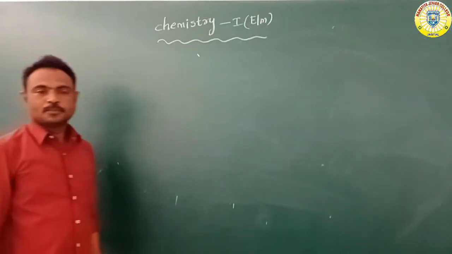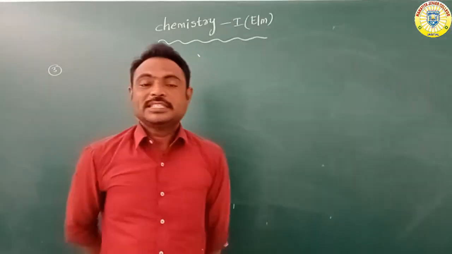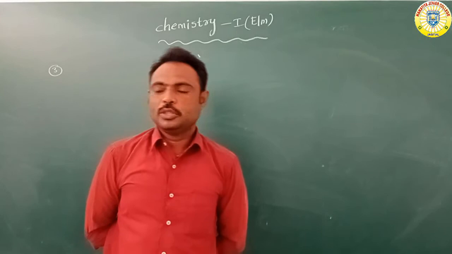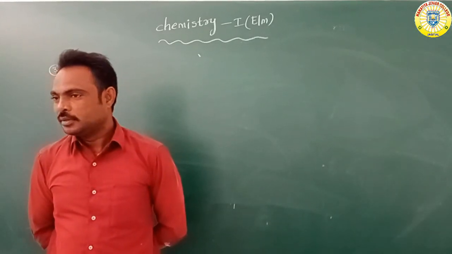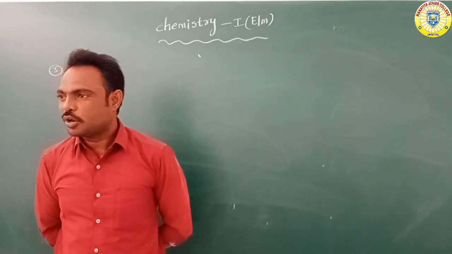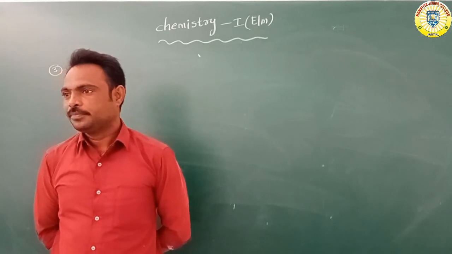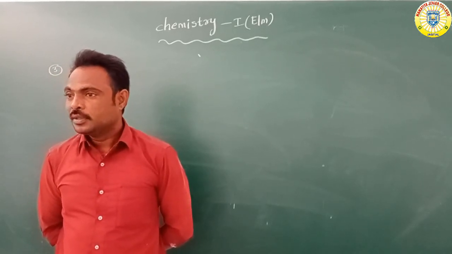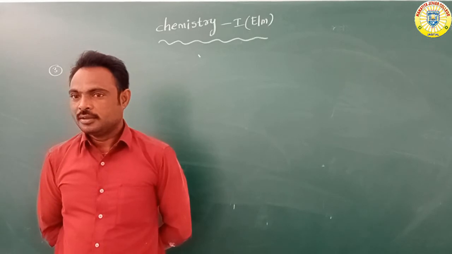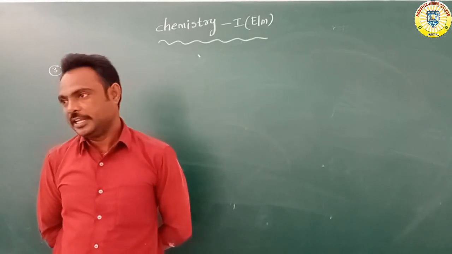Okay. So what is the third preparation? Already we know the acetylene preparations: calcium carbide reacts with water molecules to form acetylene, and chloroform reacts with silver to form acetylene.